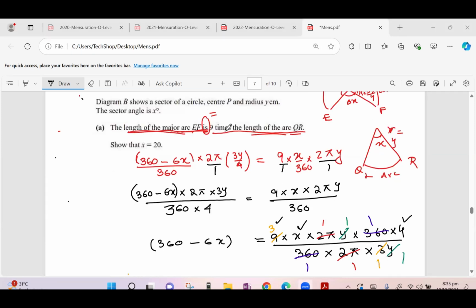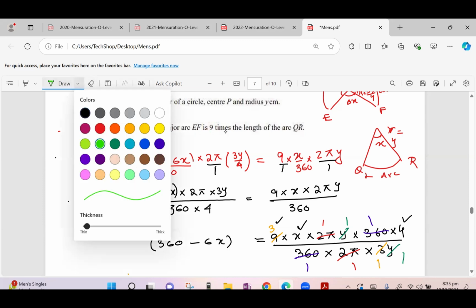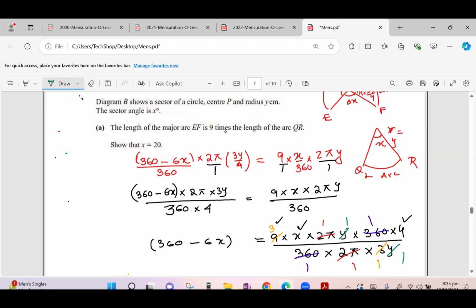If you read the sentence carefully from part A: the length of the major arc EF is 9 times the length of the arc QR. So for major arc EF, I wrote the formula here.